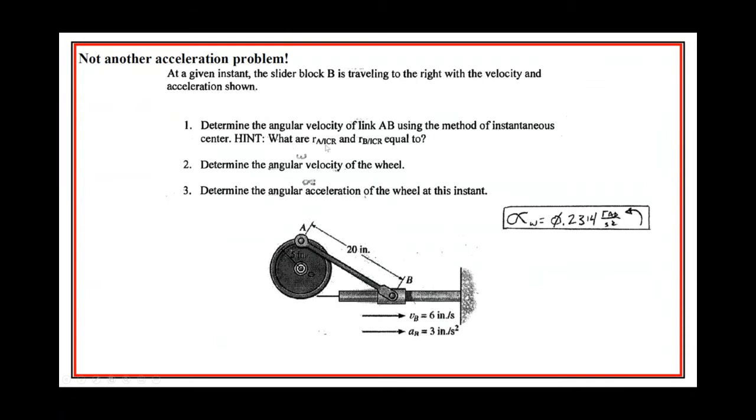Oh, I just noticed this isn't pure translation, by the way, so that makes this problem too easy, but that's okay. That happens a lot with exam problems when it comes to the acceleration one, that we make it simplified. So it might be better to actually do another problem in addition to this.